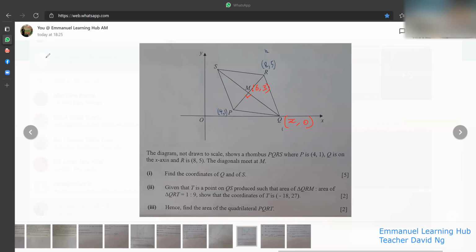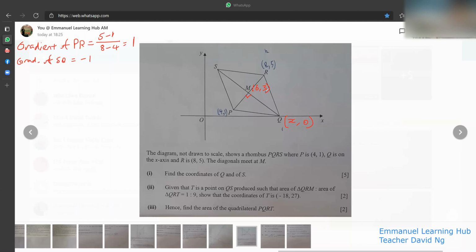Then your gradient of PR is 5 minus 1 divided by 8 minus 4. That's equal to 1. So your gradient of SQ is equal to minus 1, because they are perpendicular to each other.